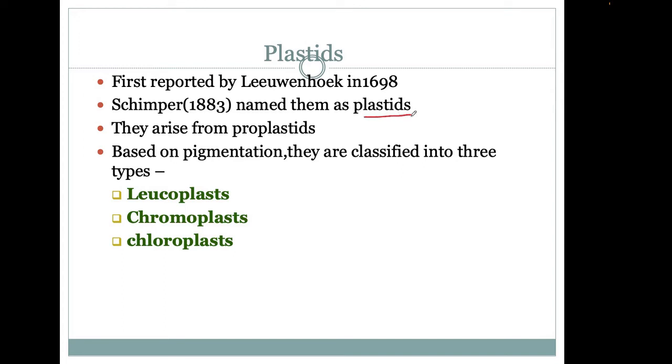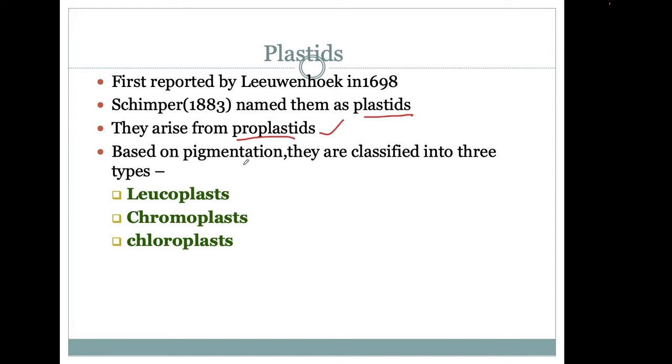They are characteristic of plant cells and are generally absent in bacteria and fungi. They arise from proplastids.